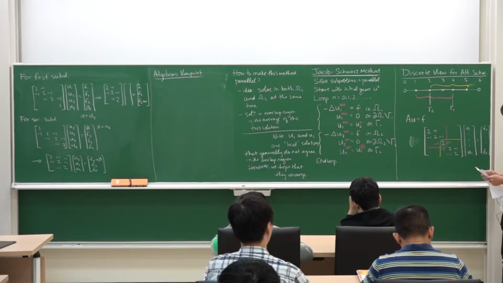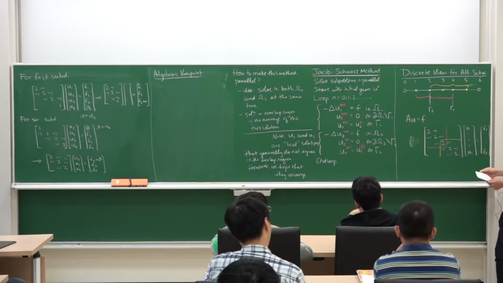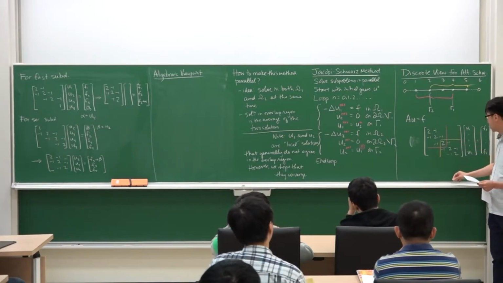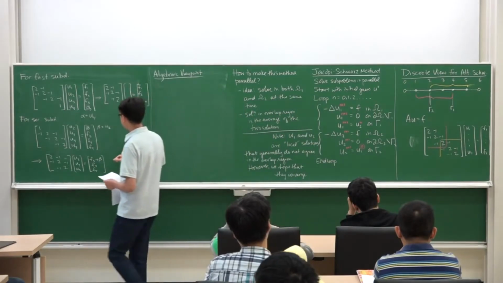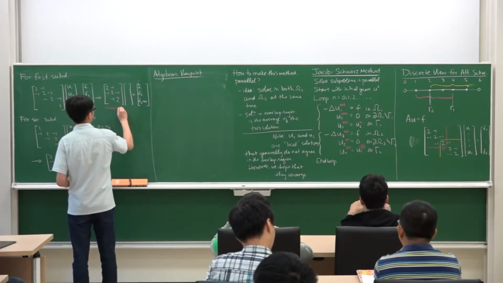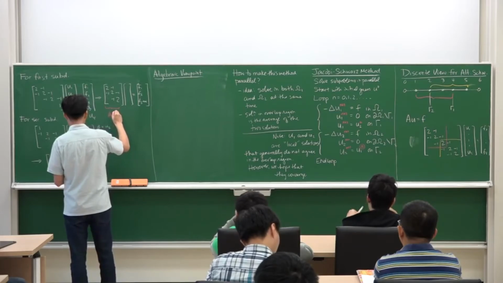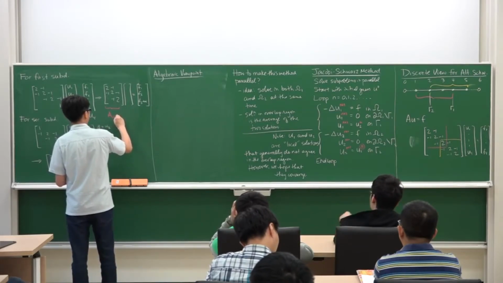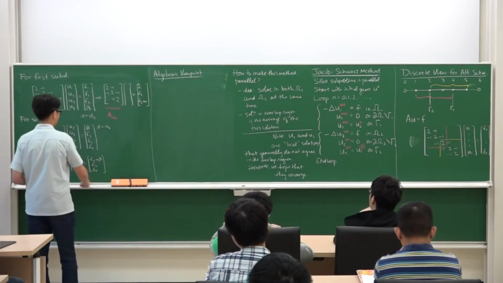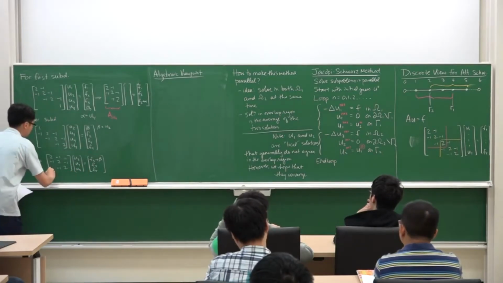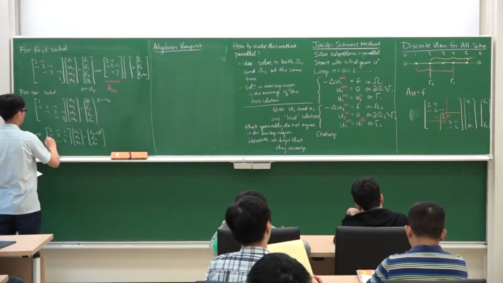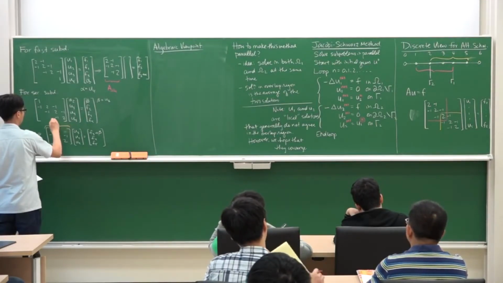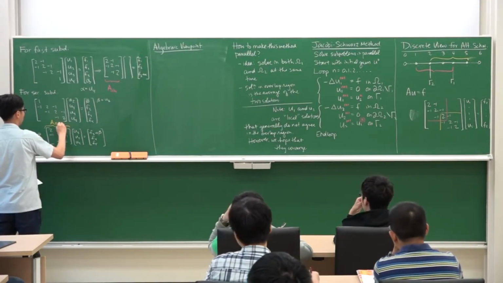Okay, so I'm going to call this matrix A omega 1. And I'm going to call this matrix A omega 2.